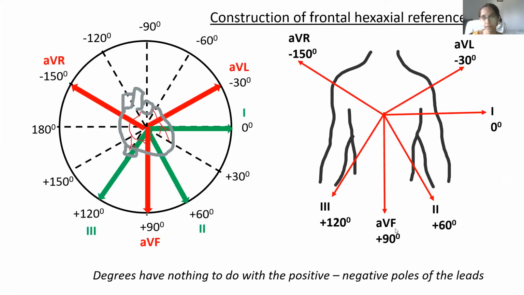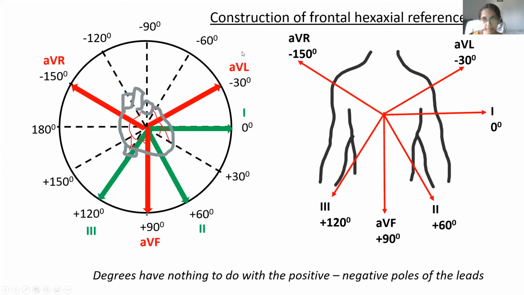Coming back to this figure, we all know this, that the frontal hexaxial reference system is made this way. We have the 3 standard leads, the lead 1, the lead 2, and the lead 3. And then we have the 3 augmented leads or the unipolar leads, the AVR, the AVL, and the AVF. Now, this is only an empirical understanding.